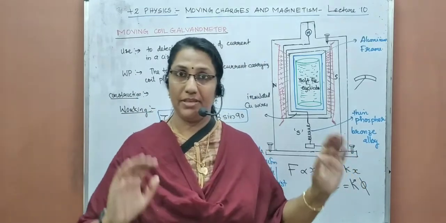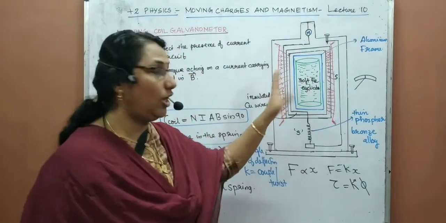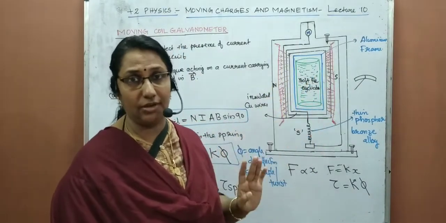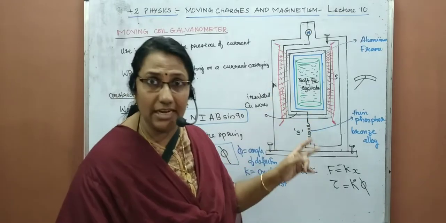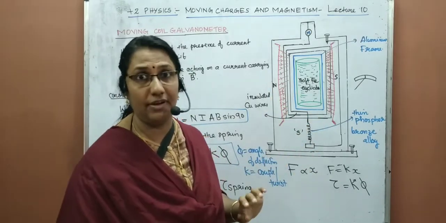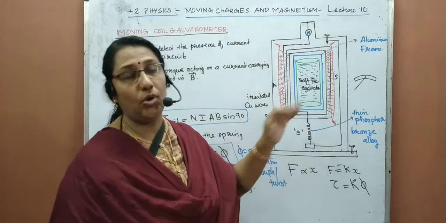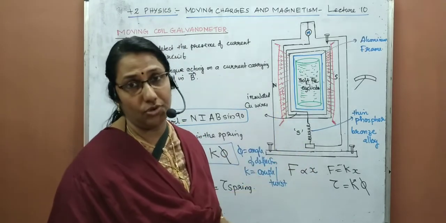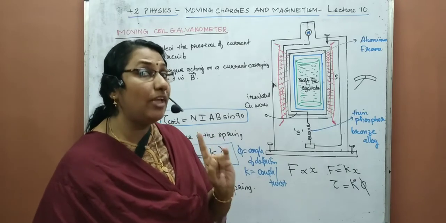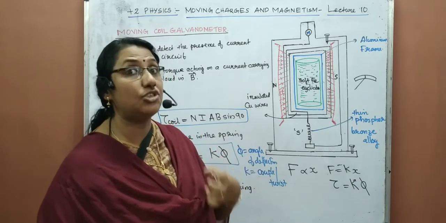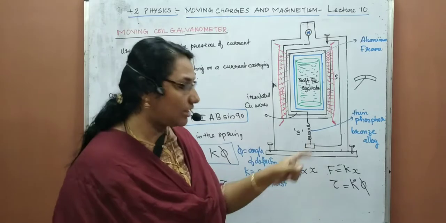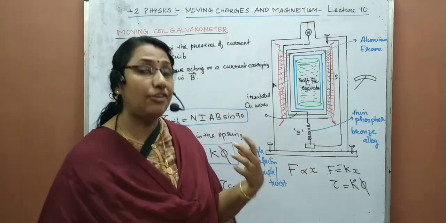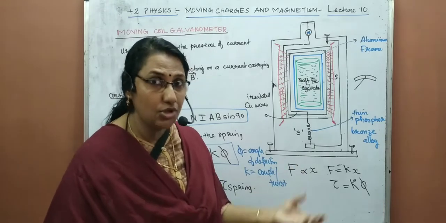Similarly, the coil rotates because current begins to flow through it when it is connected to the circuit, and the coil becomes a current carrying coil placed in a uniform magnetic field. Torque acts and the coil rotates. Since the spring is connected to this coil, the spring also rotates. But when the spring rotates, it develops a certain restoring couple. Initially that restoring torque is small, so the coil rotates.